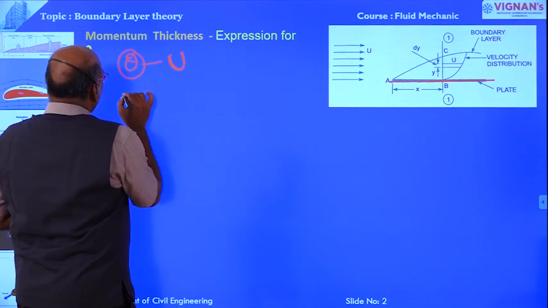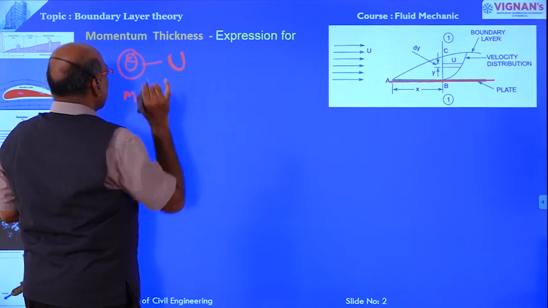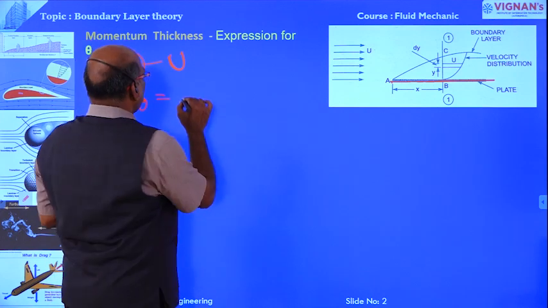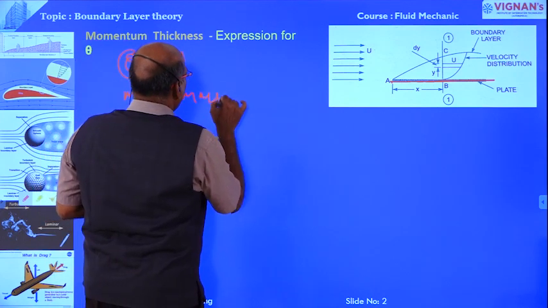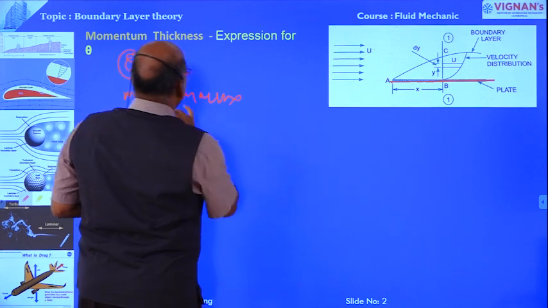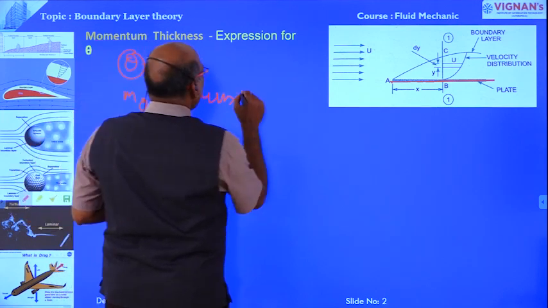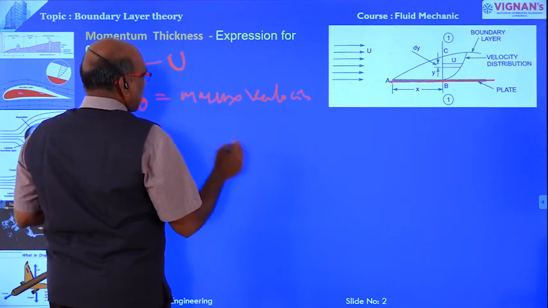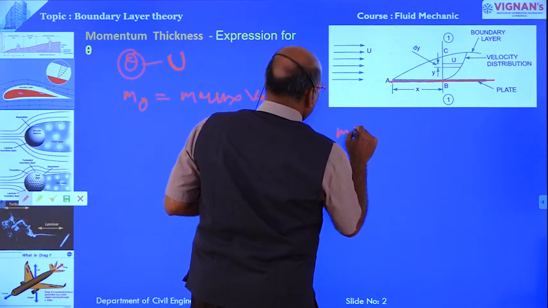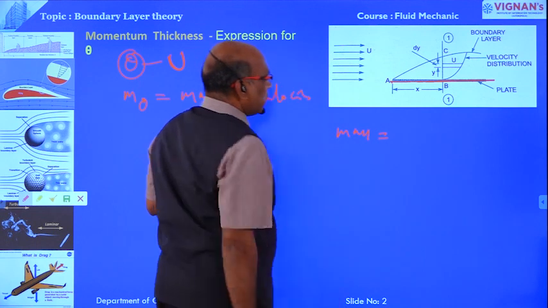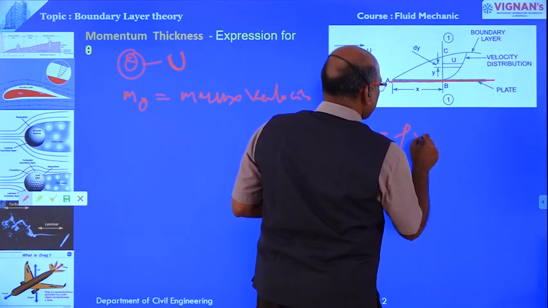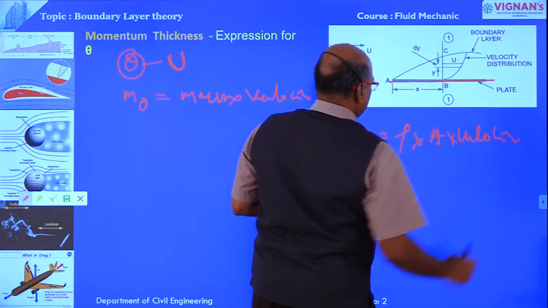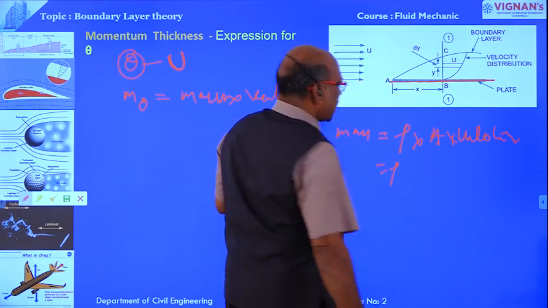Therefore, the momentum at a distance theta is the same formula, mass into velocity. What is mass? Mass is mass density into area into velocity.